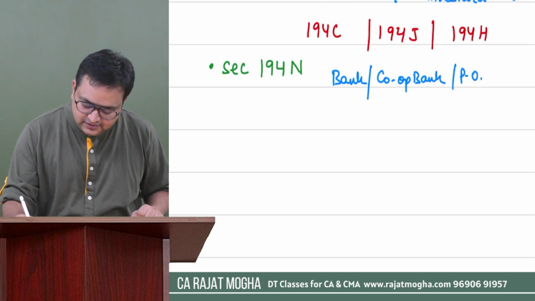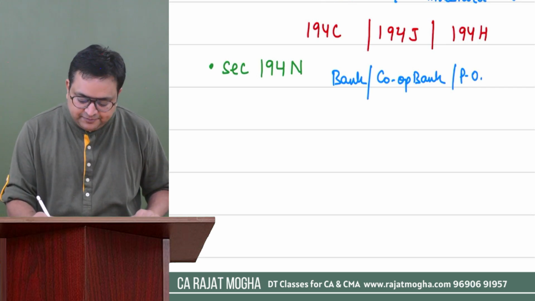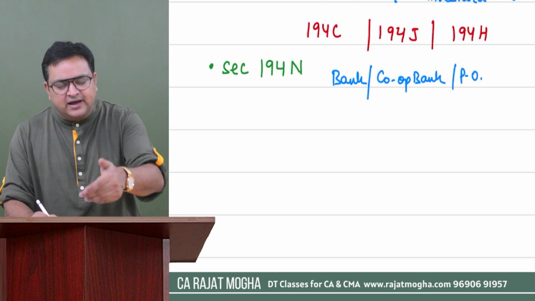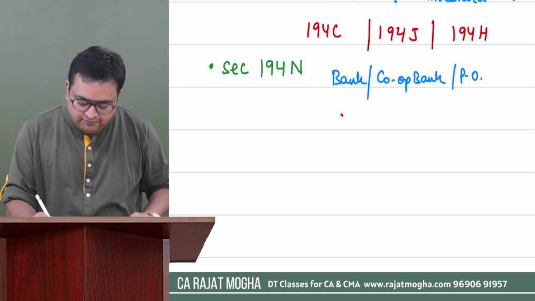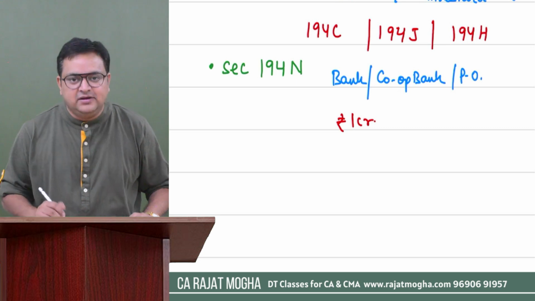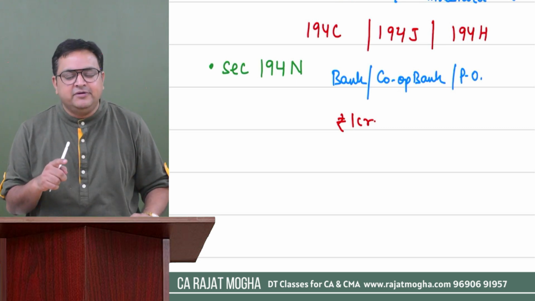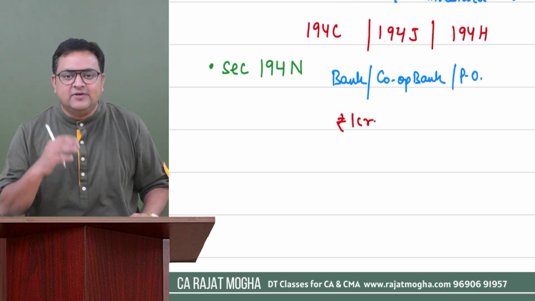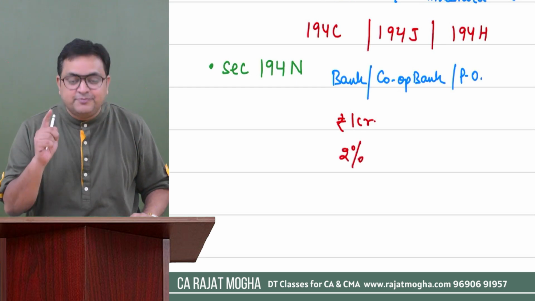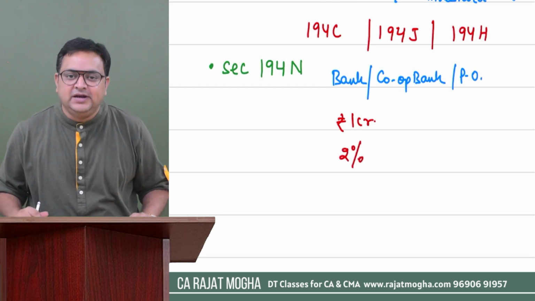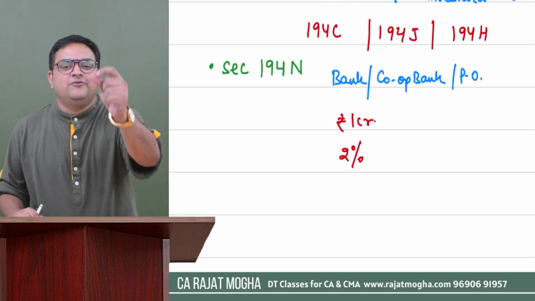This section says if a person is having an account in a bank, cooperative bank or post office, and that person is withdrawing more than 1 crore rupees during the entire previous year, then such bank will deduct TDS of 2% on the excess of 1 crore. Got it?